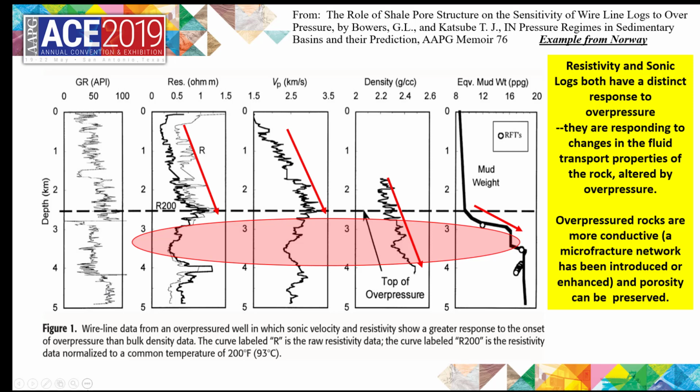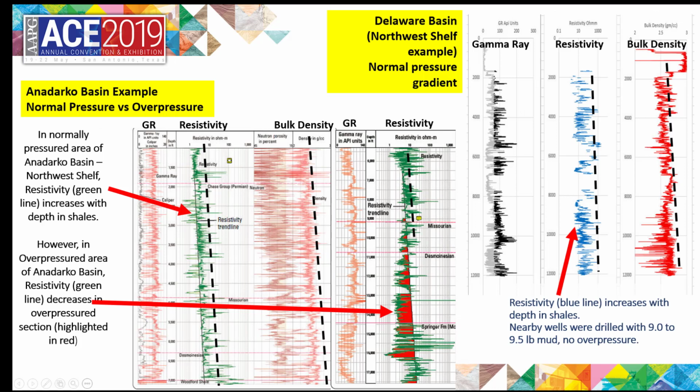So let's look at a couple of real life examples from basins that I know something about, which are the Delaware Basin and the Anadarko Basin. First of all, this is an example from the Anadarko Basin.